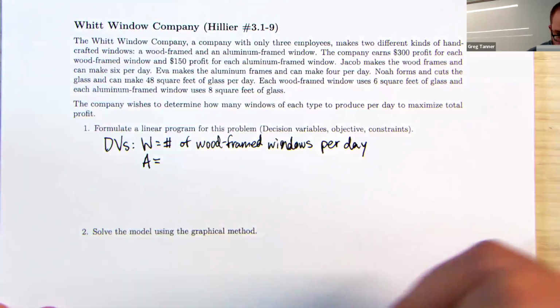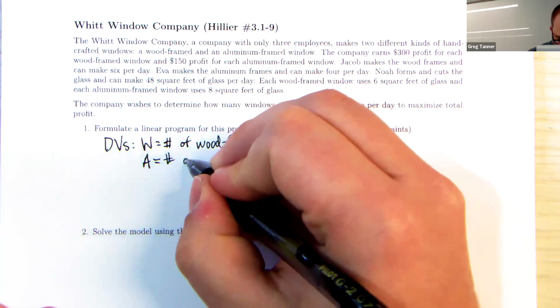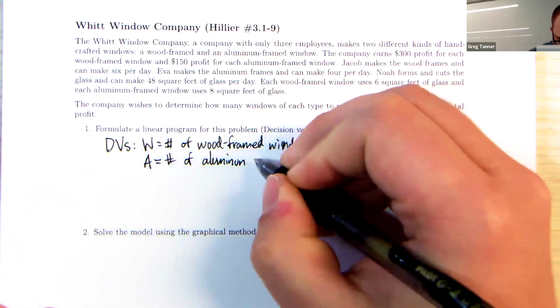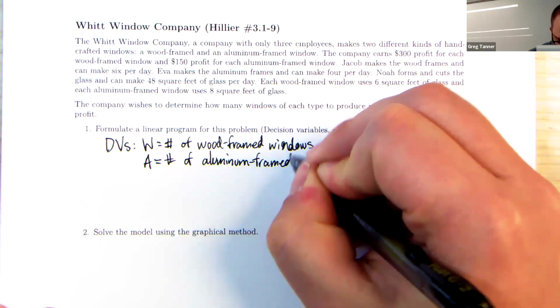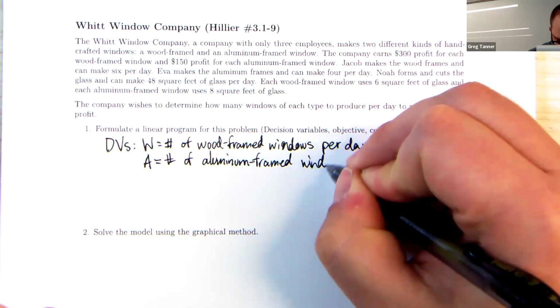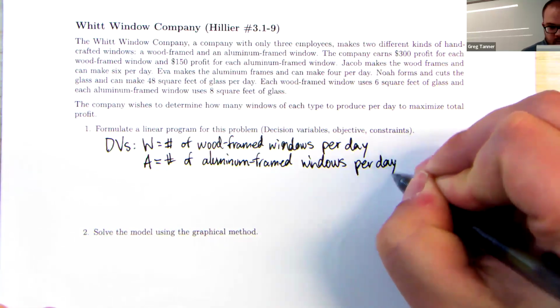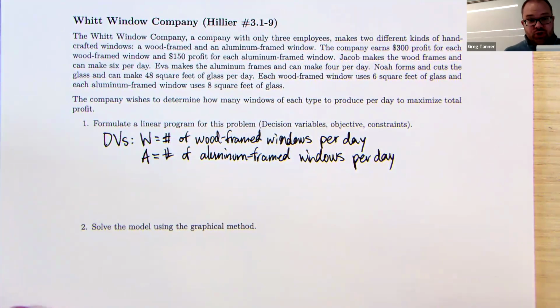And then the A variable will be the number of aluminum framed windows, similarly per day. So I've got some of each, and I need to choose how many of each do I make.